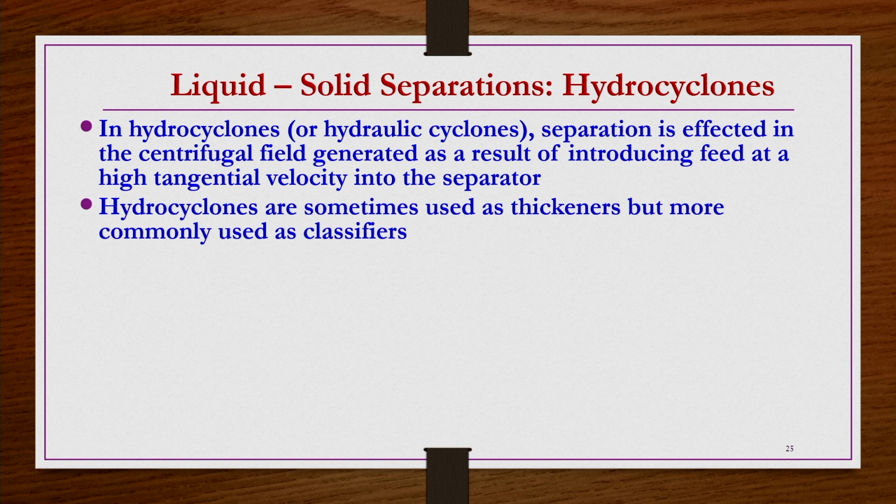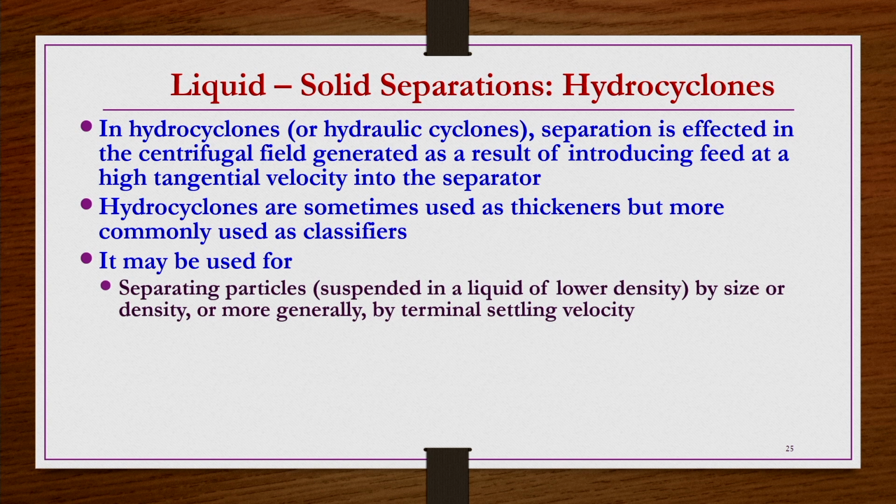Hydrocyclones are sometimes used as thickeners, but more commonly used as classifiers as well. They may be used for separating particles suspended in a liquid of lower density by size or density, or more generally by terminal settling velocity differences.